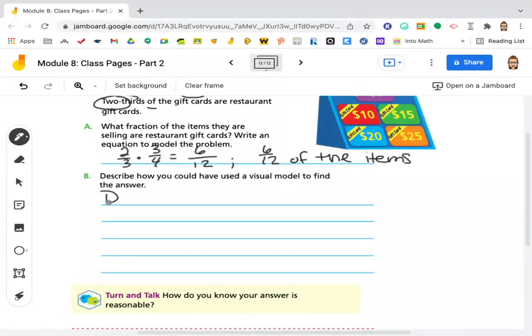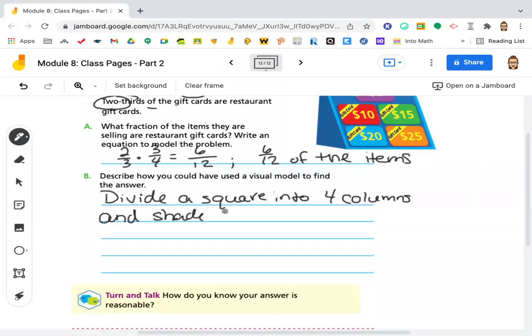Well, I would divide a square into 4 columns and shade 3 to show 3/4.